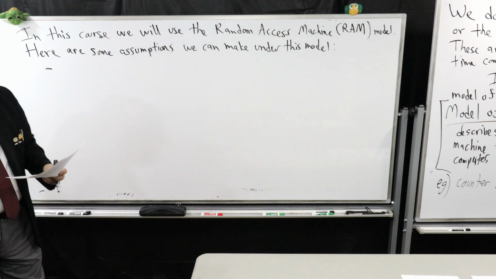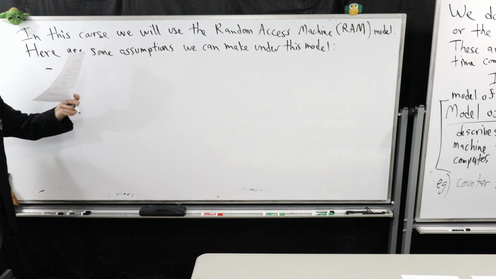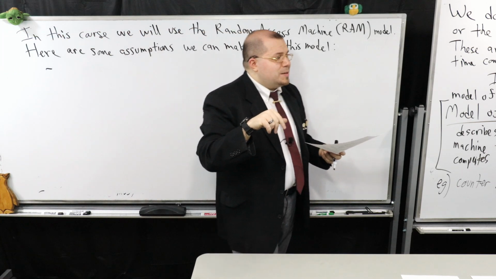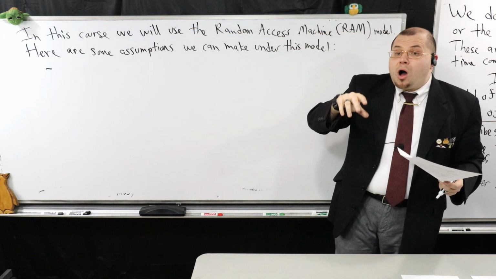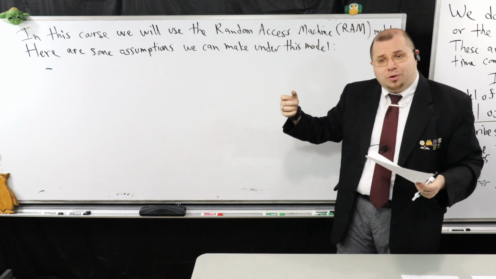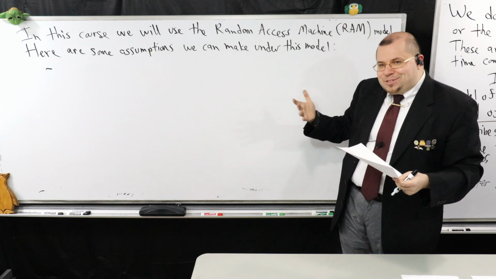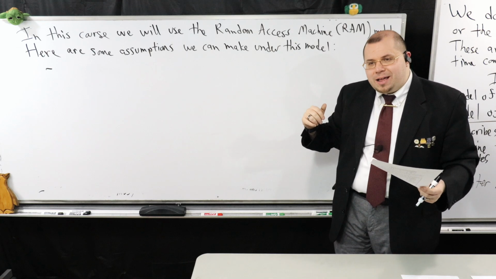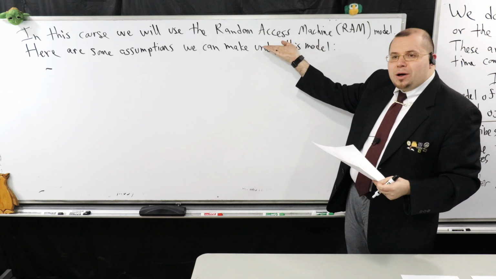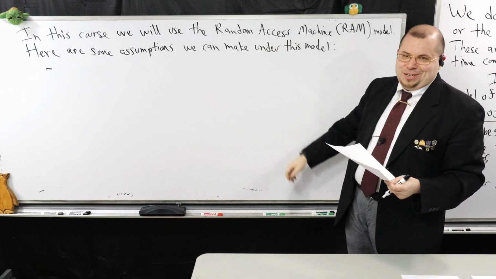But keep in mind, if you find yourself saying, Dan, why are you making this assumption? Here's the beautiful part. You can always specify the model even further. For example, if you don't like that I assumed something takes a certain amount of time, there do exist other forms of this RAM model that make different assumptions.